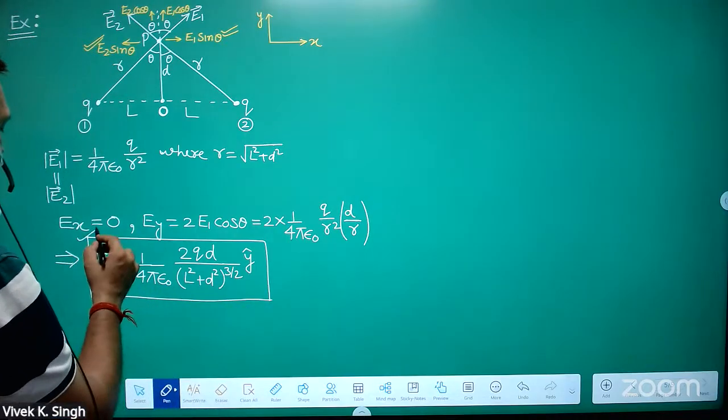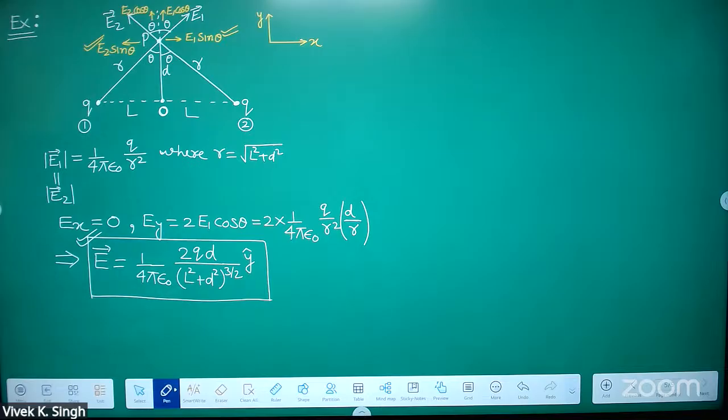So this will be the electric field. Is it correct? Yes, sir. This is the resultant electric field due to these two positive charges.